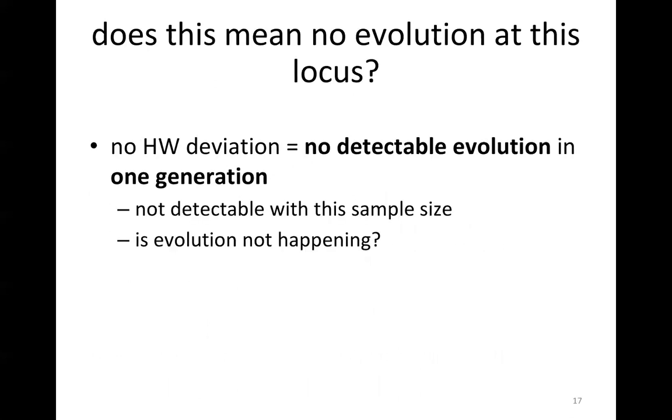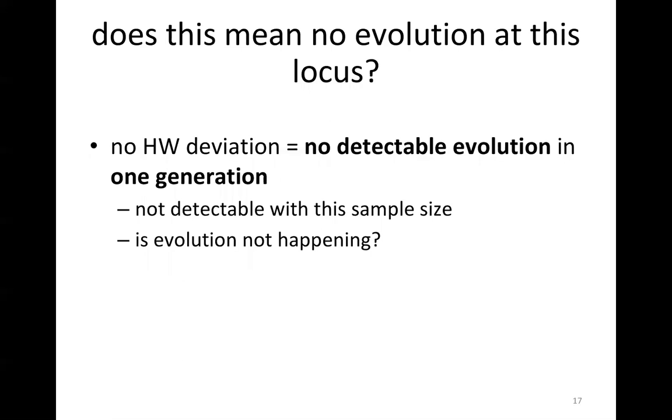The other question: does this mean there's no evolution at this locus? The answer is no, it doesn't mean there's no evolution. It just means that we cannot detect evolutionary forces just within one generation at this locus with this sample size.